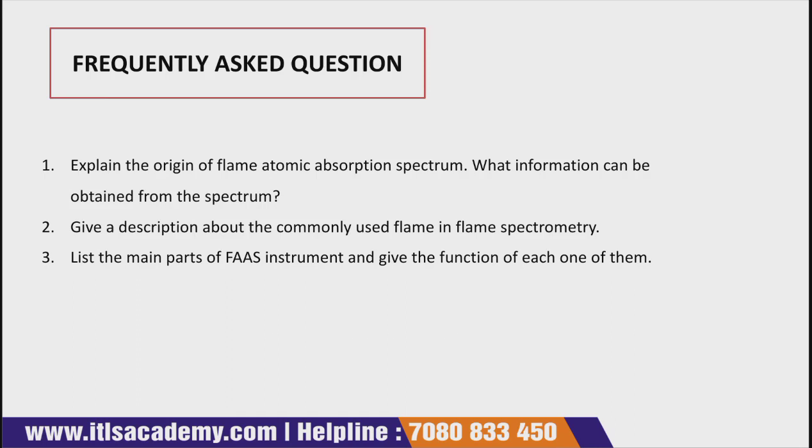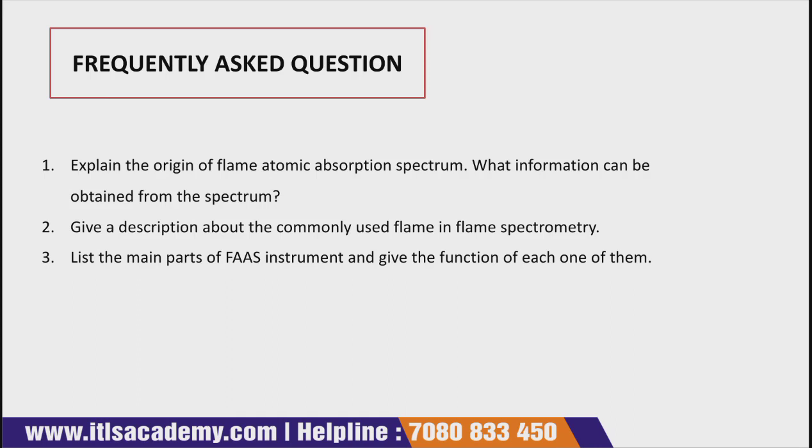Then, give a description of the commonly used flames in flame spectrometry. Most commonly, I've told you the names. You must know about the different types of flame, and which type of flame is most commonly used in flame spectrometry.